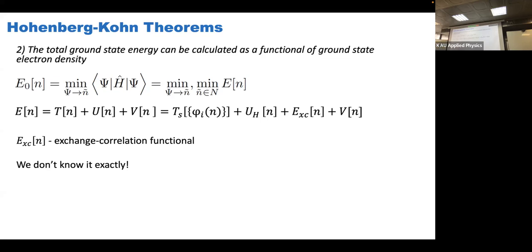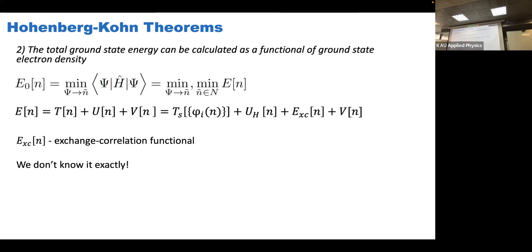Now for T_s, the single-particle kinetic energy, we will have some kinetic energy which depends on the psi functions of electron 1, electron 2, electron 3. Then Hartree, some external potential, and some mystical term XC, which is called the exchange correlation term.